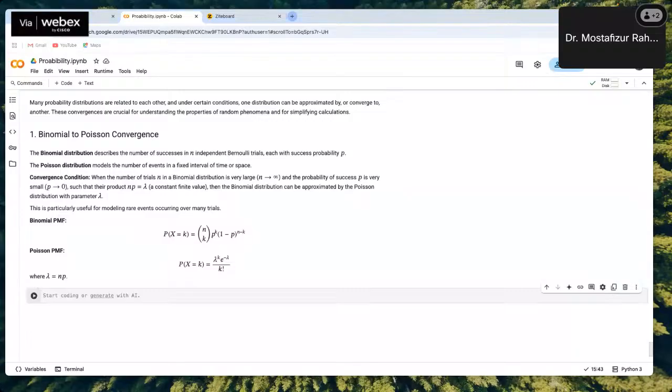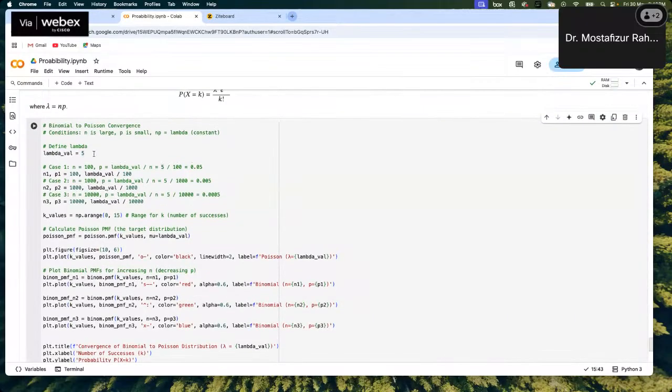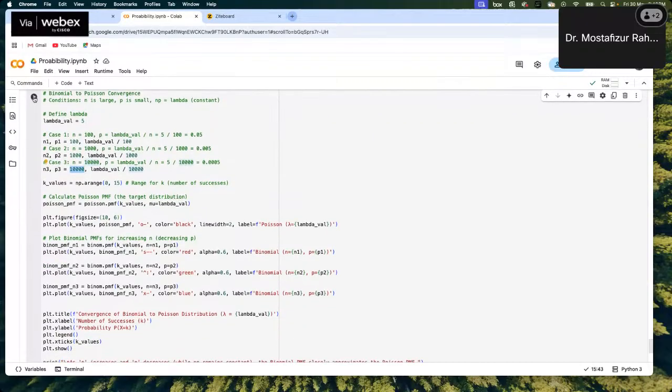Say for example, let's take something. In this case there is one more condition: the number of trials n of a binomial distribution is very large and the probability of success is very small, such that n into p is lambda. Okay, let's take lambda value 5, and then n1, n2, n3, we are taking several cases like 100 trials, 1,000 trials, 10,000 trials, and we'll see whether n1 into p1 is the lambda constant or not.